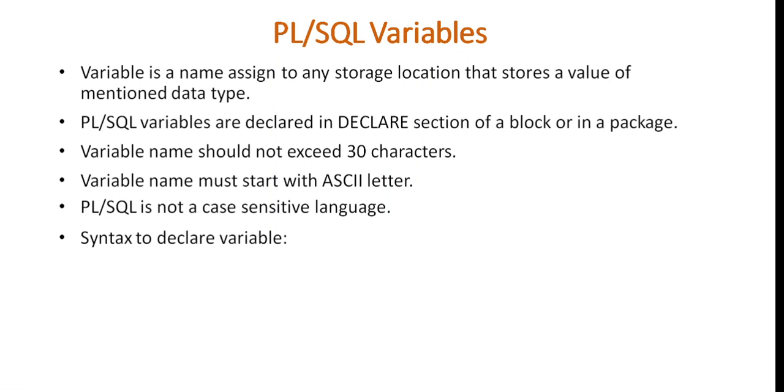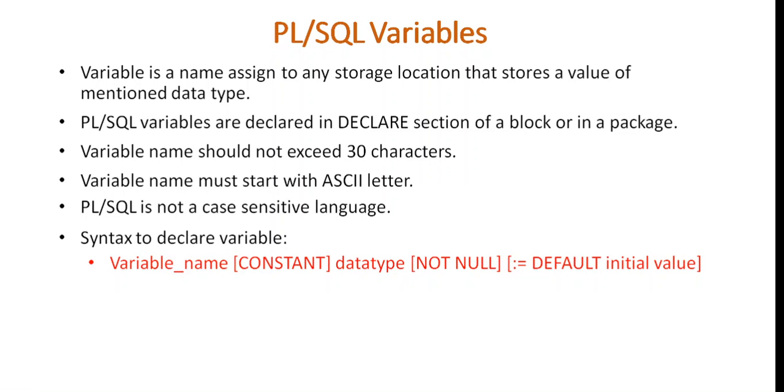So in PLSQL, the syntax to declare a variable is, first we write the variable name, then the constant keyword, which is an optional keyword. If we want to declare a constant variable, then we write that keyword constant. Then after the variable name, we need to specify the data type of that variable. Then the not null keyword is there, which is also optional.